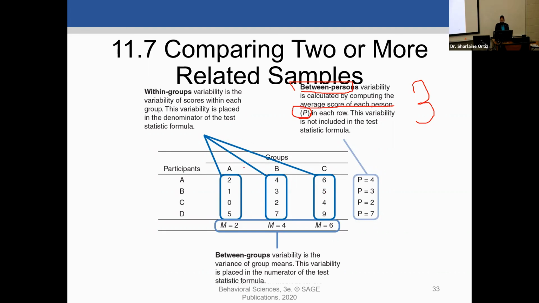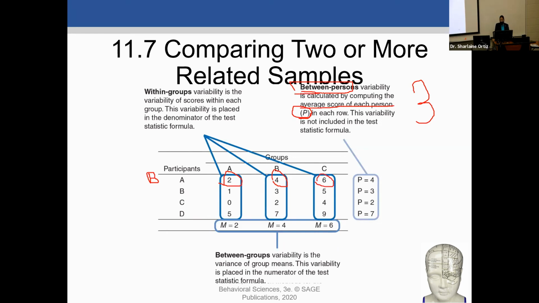Remember, we are observing the same participant during the observation. So Billy here, in the first group, scored 2, in the second group, Billy scored 4, and in the third group, Billy scored 6.